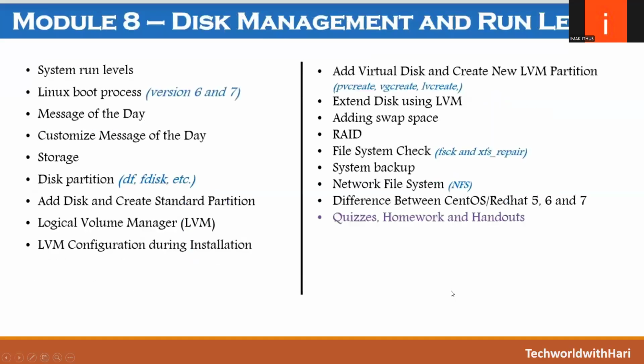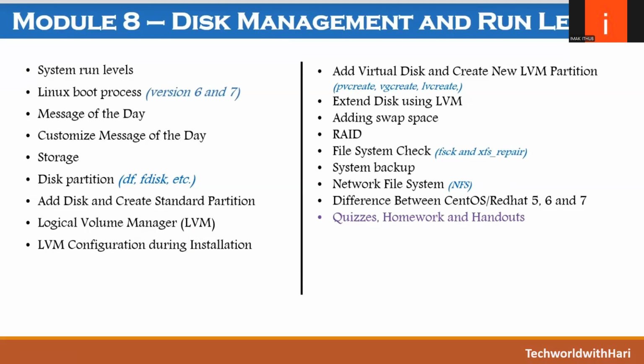Coming to the eighth module, which is about disk management and run levels. In disk management, we'll discuss system run levels, Linux boot processing, message of the day, custom message of the day, storage, and disk partitions, like how we use df or fdisk, adding a disk and creating a standard partition, and the logical volume manager.